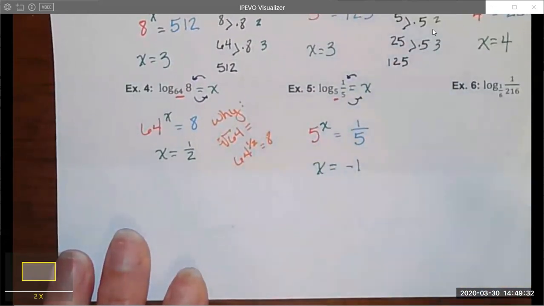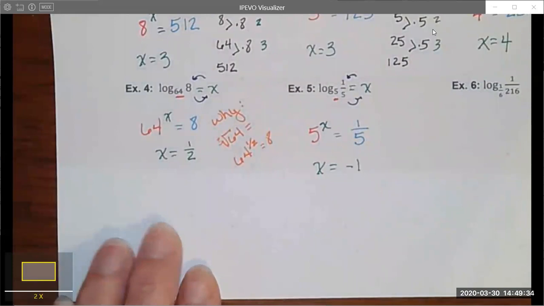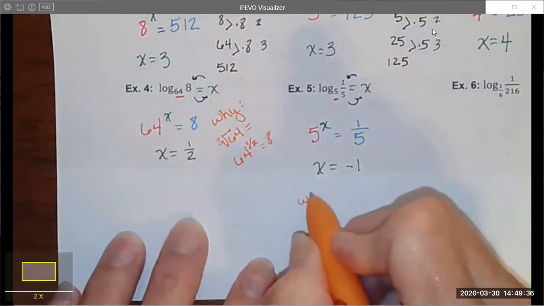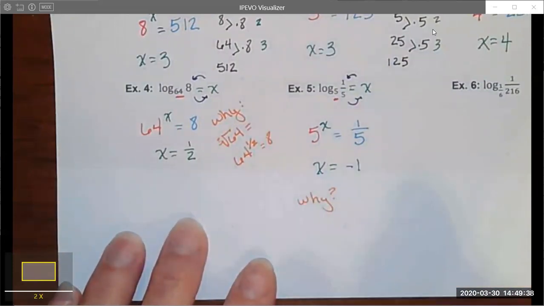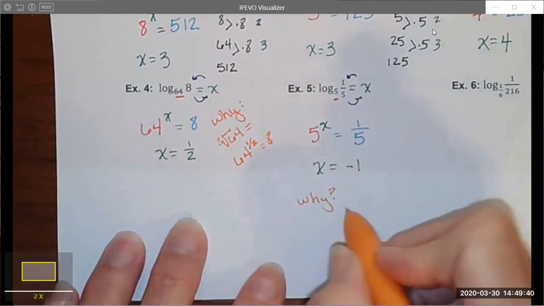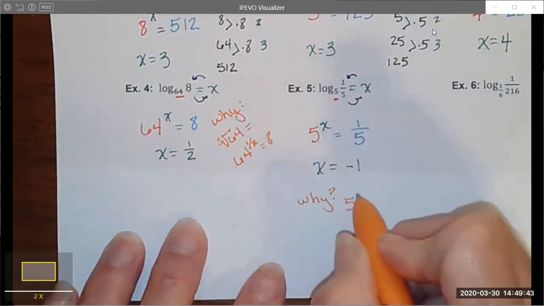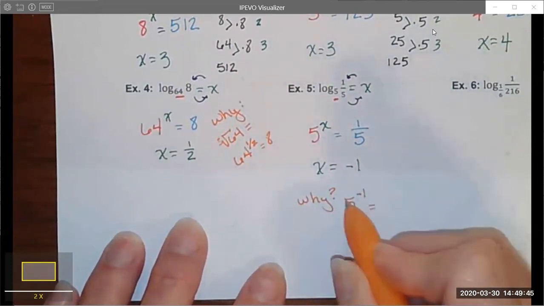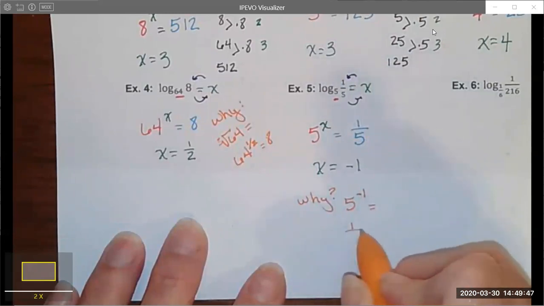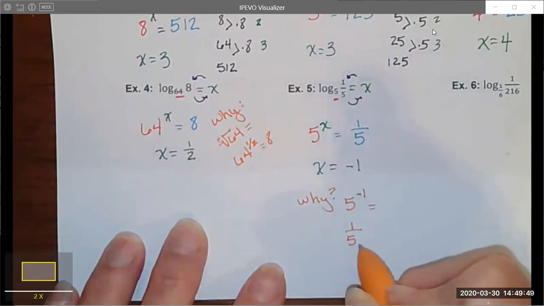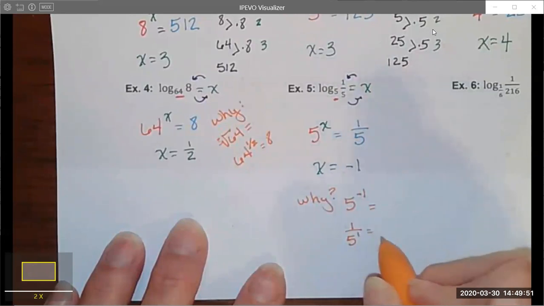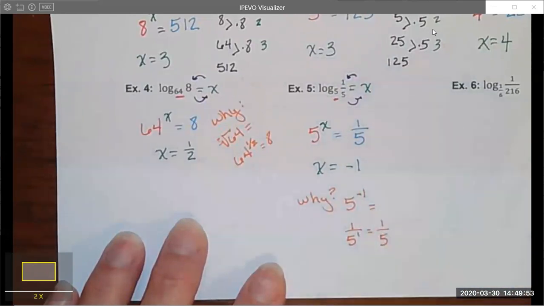And I'm going to tell you that it's x equals -1. Why is that true? Well, if you remember, when you have a negative exponent, so 5 to the negative 1, we flip, and that becomes 1 over 5 to the first power, which is just really 1/5.